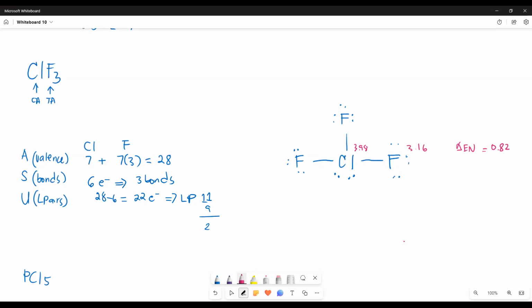Yes, 0.82, so it's still polar. It's higher than 0.4 but less than 1.8. Sorry, I mislabeled the electronegativities here. So which side is more electronegative? Of course, it will be fluorine, and then chlorine will be partial positive. Okay, so that's it for the polarity.